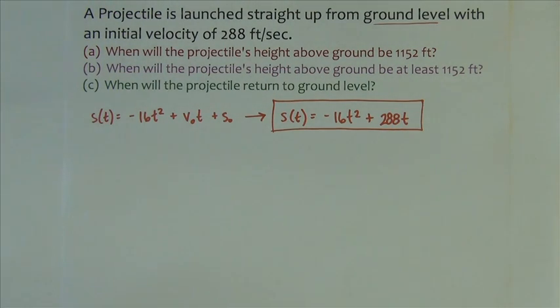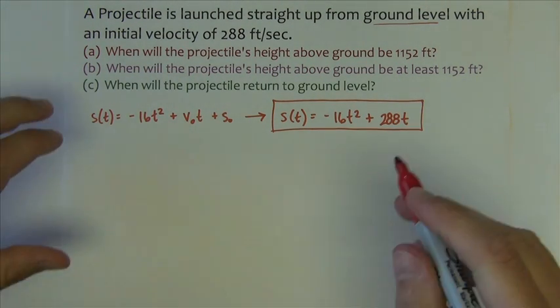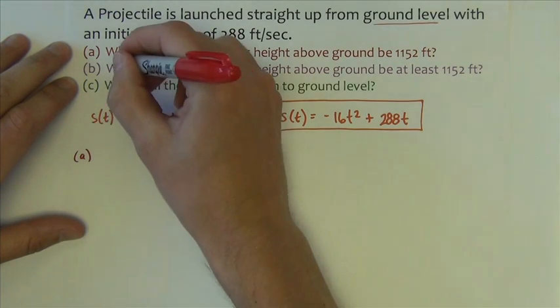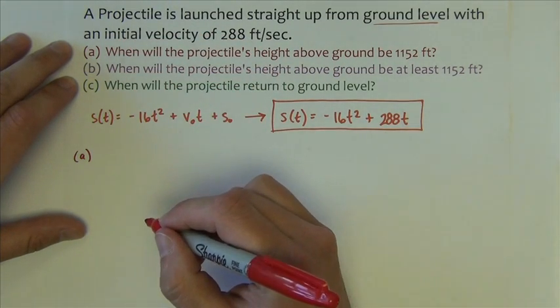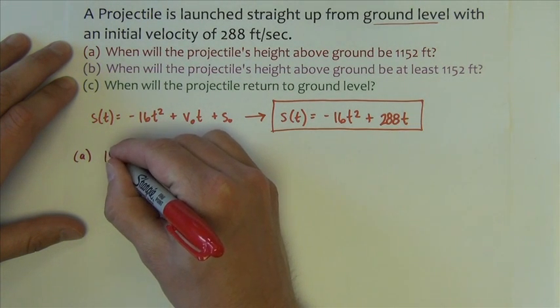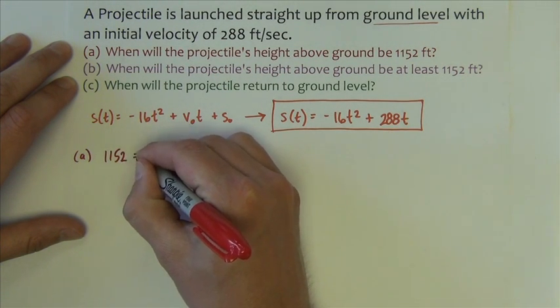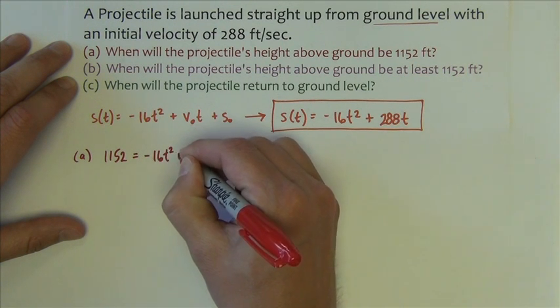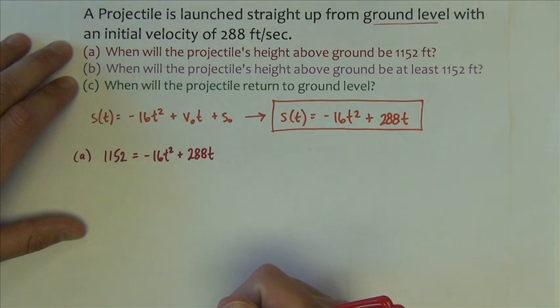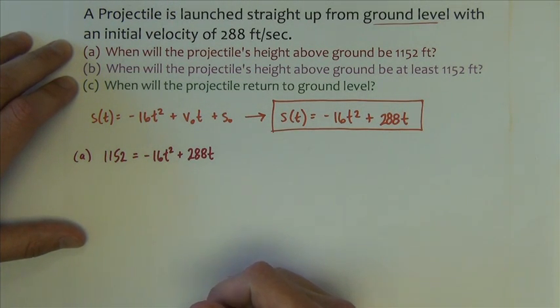Okay, so what I want to know is when, question A, when will the projectile's height above ground be 1,152 feet? So solving for when, which means I'm solving for t, I'm going to set the height at 1,152 feet. And we're solving this equation here. Well, so let's see.